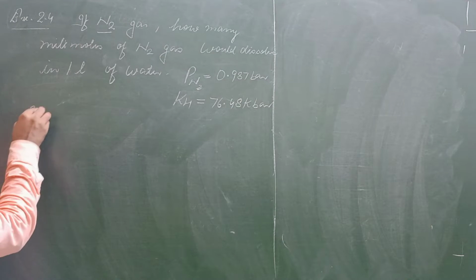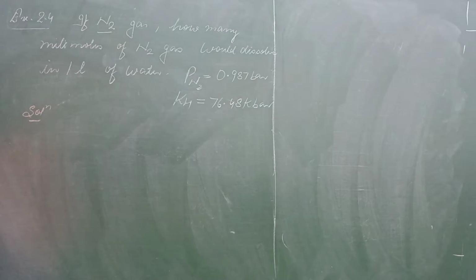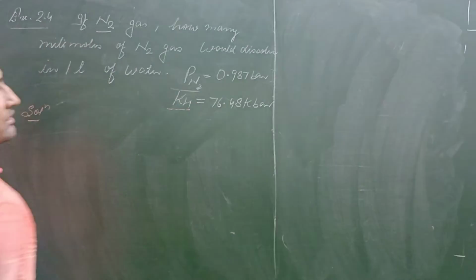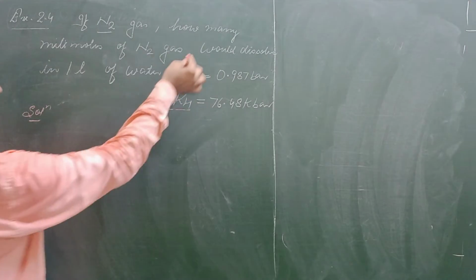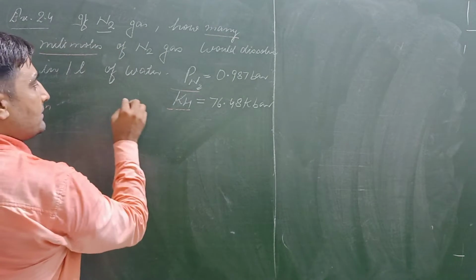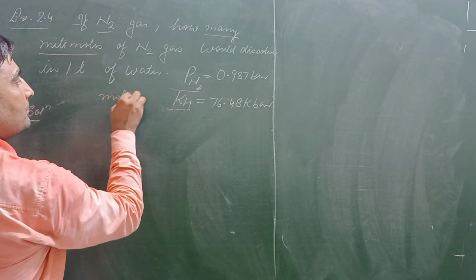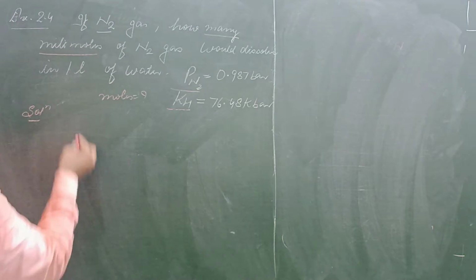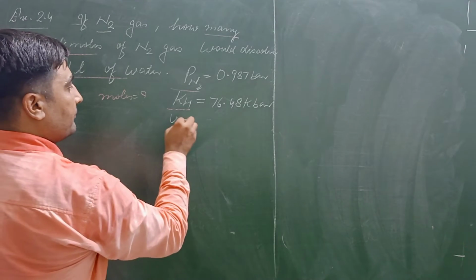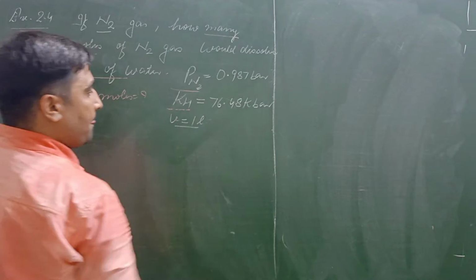Let's find out the solution. Here the partial pressure of nitrogen is given, Kh factor, Henry's law constant is given, and we are to find out the millimoles. Before millimoles, we are to find out the moles, and 1 liter of water is given. It means volume of water is given as 1 liter.